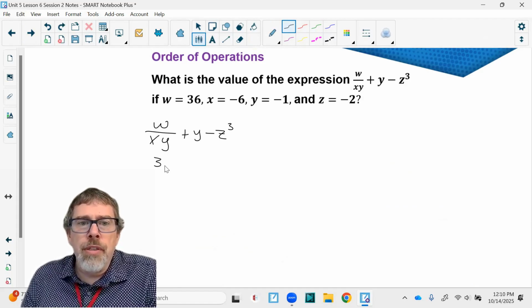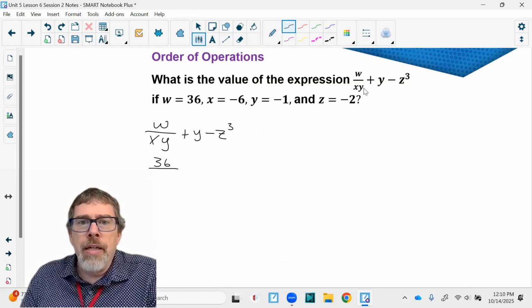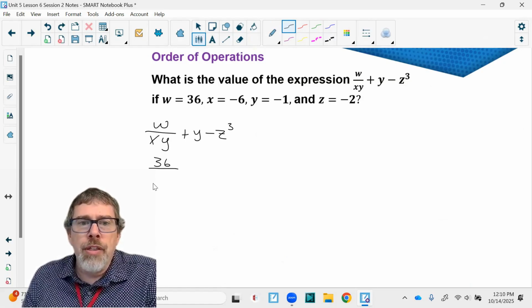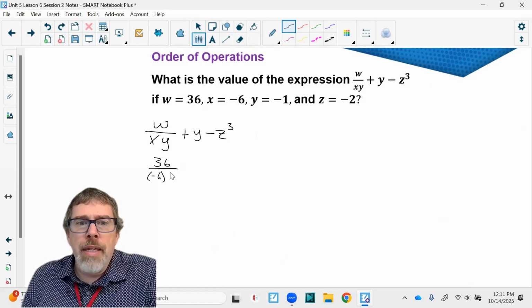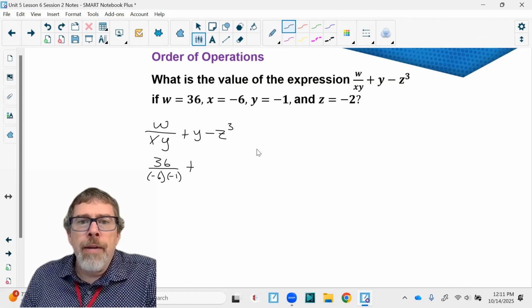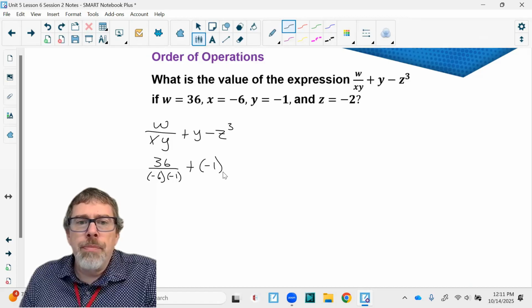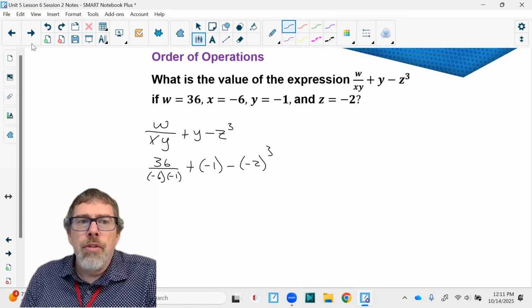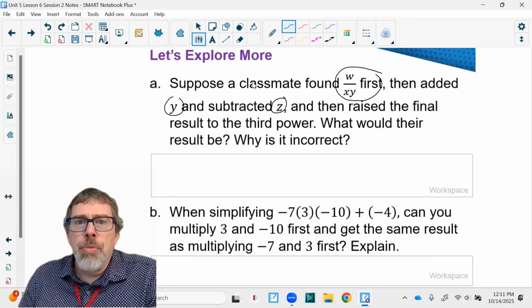So W is 36 divided by XY, which is -6 times -1, plus Y, which is -1, minus -2 cubed.